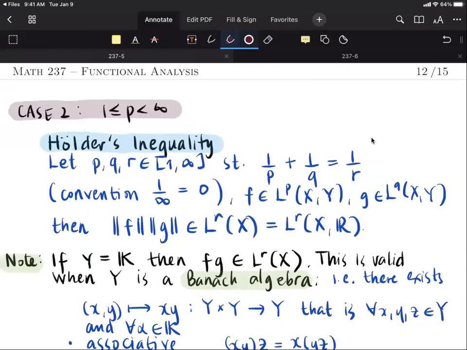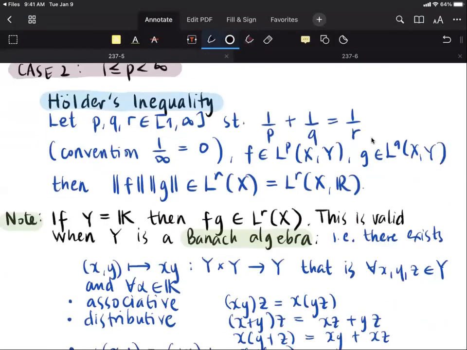There's no inequality. Okay, so let me put that one, and here the LR norm of the product is less or equal to the product of the norms.